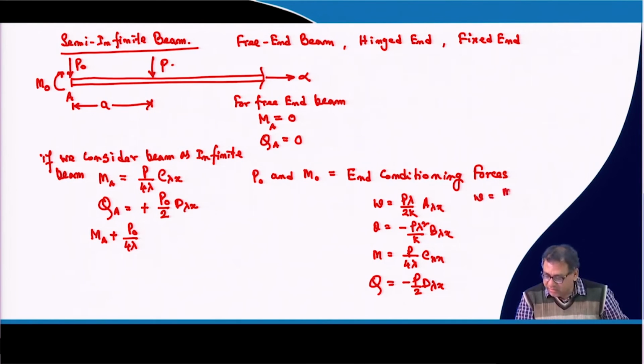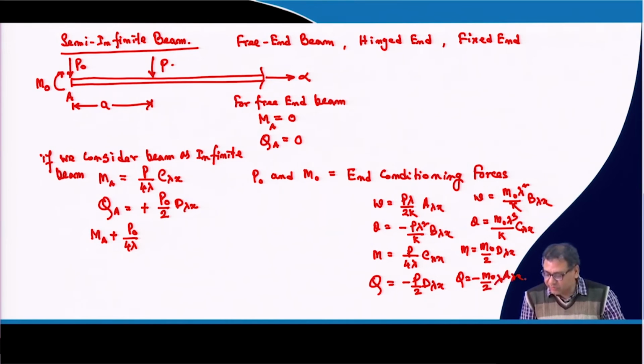equal to M0 lambda square by K into B lambda x, then theta is equal to M0 lambda cube divided by K C lambda x, then bending moment is M0 divided by 2 D lambda x, then shear force Q is minus M0 by 2 lambda into A lambda x.